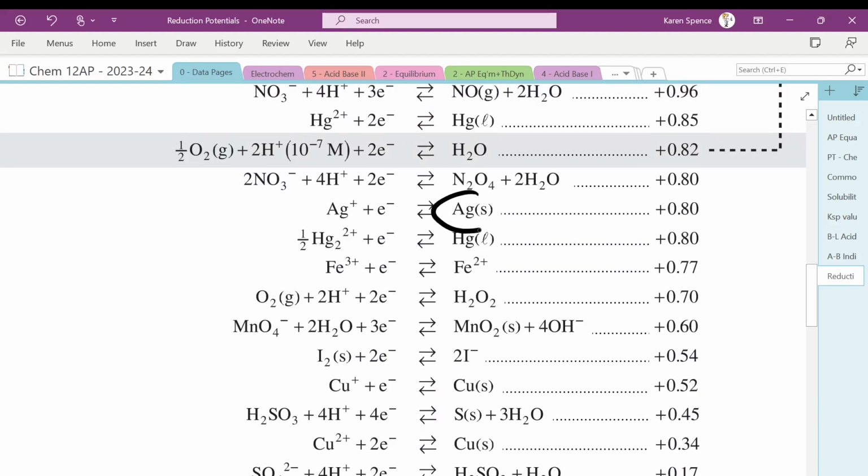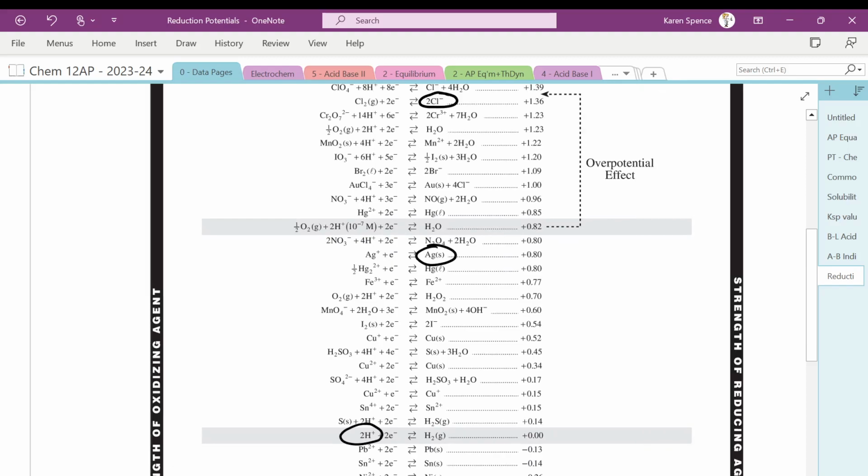Silver, which is here. And then I'm going to back out so we can see them all. Now, if the only connections I can make from left to right are uphill, what does that mean? That means they are non-spontaneous and they won't react. So for question number 4, it will not react. And so yes, you could safely store the compound in there.